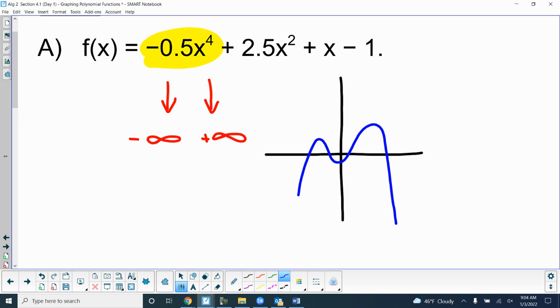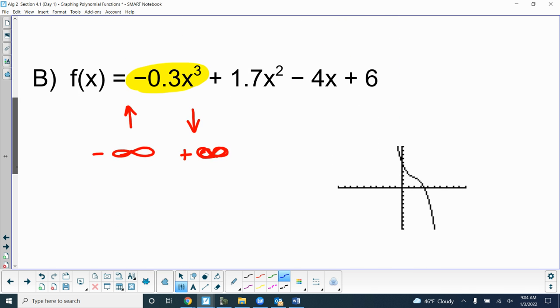Since there's a degree of 4, you'll have 3 changes in direction, 1 less. This was going down and then it kind of changed direction. But this had 2 changes because this was a 3.